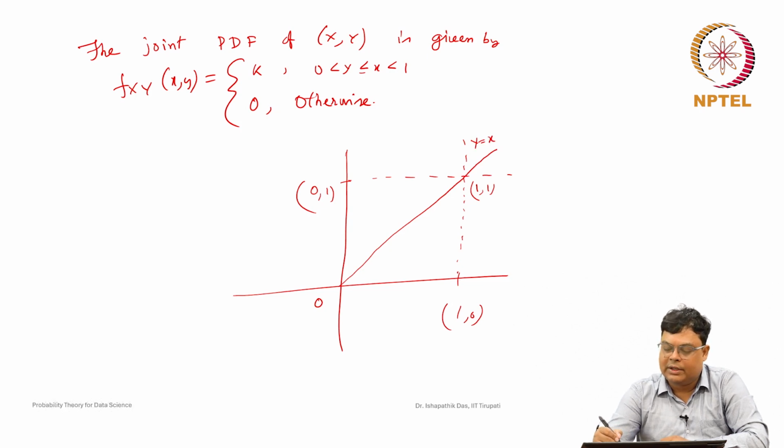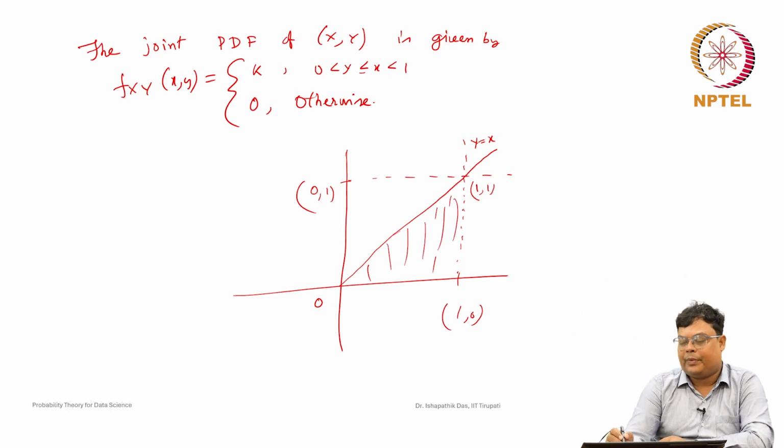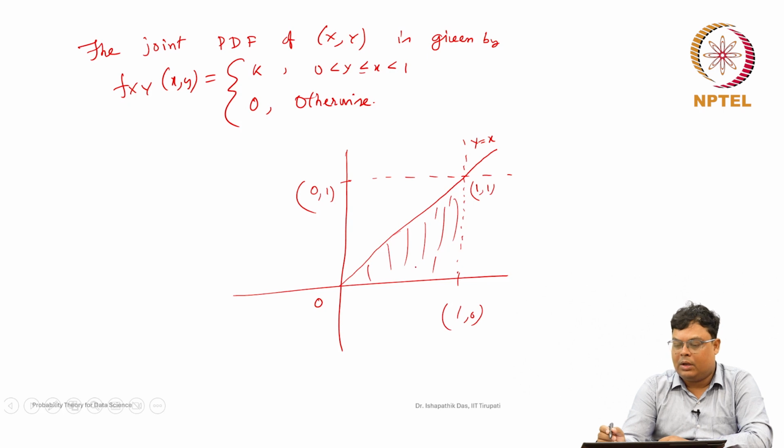Where is y less than or equal to x? In this region. So it is a uniform distribution in this region. What is the area of this region? It is half of the unit square, the triangle, 1 by 2 into 1 into 1, so this will be 1 by 2.